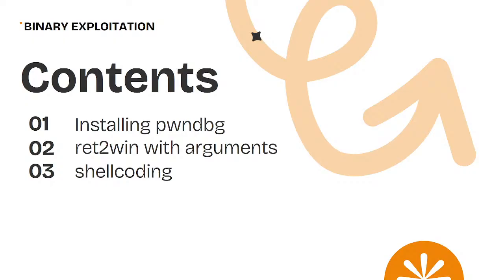So yesterday Devi had shown you the usage of pwndbg. So basically, what is GDB? GDB is basically a debugging tool used to debug ELF application binaries, and pwndbg is an extension on top of that, which is going to make debugging easier for us.